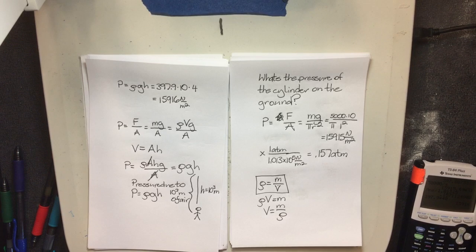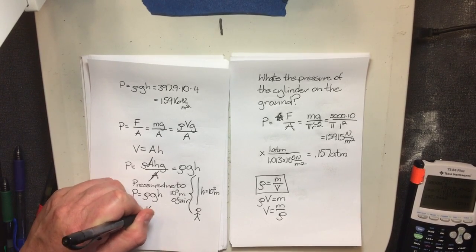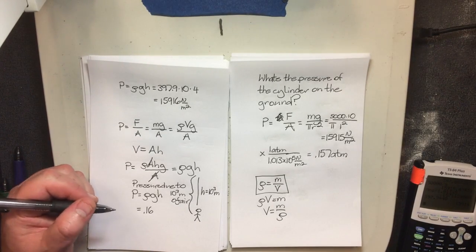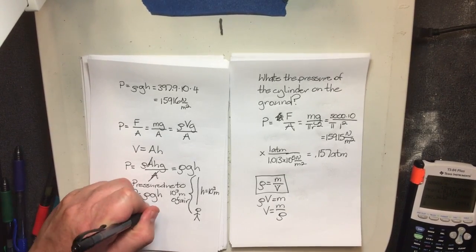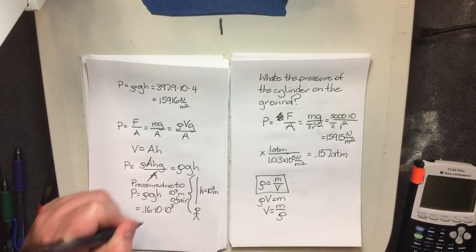So if I have a kilometer of air pushing down on me of uniform density, I think the density of air is 0.16 kilograms per cubic meter. If that's different, doesn't matter, I can add on that later. Times 10 times 1,000.